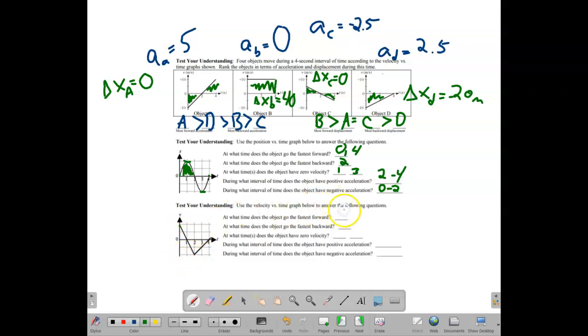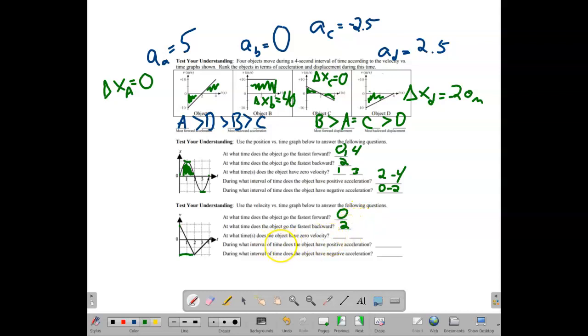So that's going to be at 0 seconds. At what time does the object go fastest backward? That's going to be when we have the biggest velocity in the opposite direction. So that's at 2 seconds.